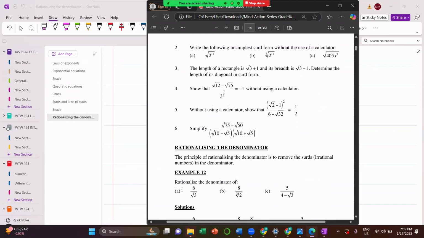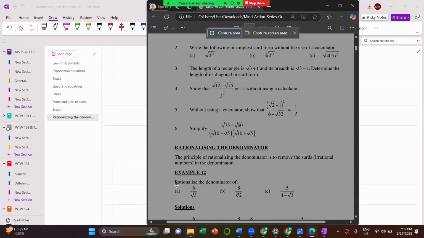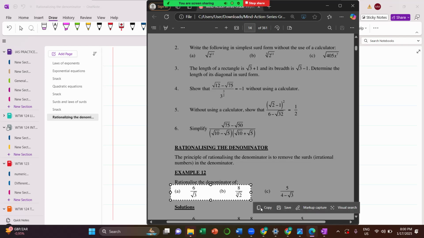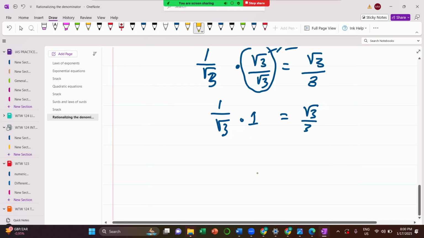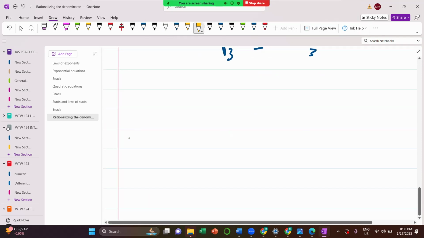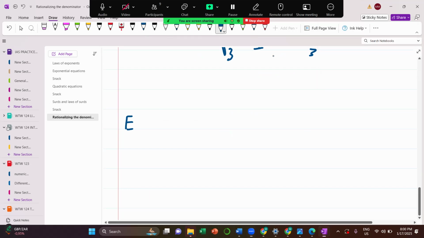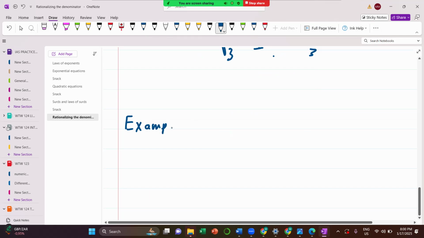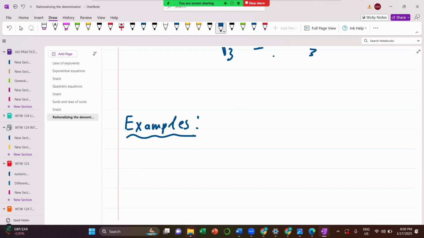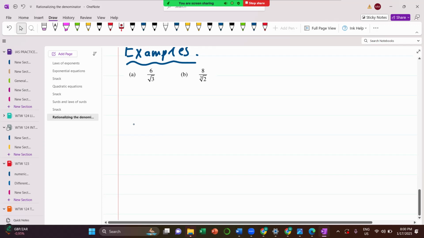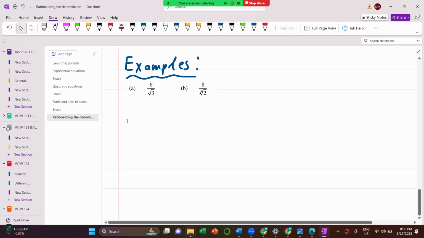Let me just do A and B. So let's do a bit of examples that we can have. We have to rationalize the denominator.